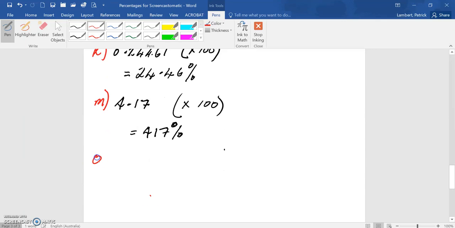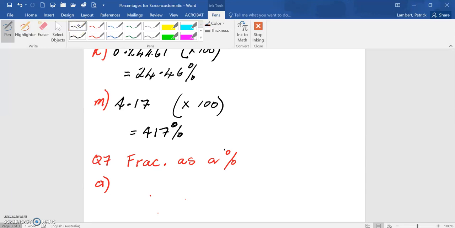Now I want to have a look at question 7. What we're asked to do is to write the fraction as a percentage. This is just taken from the table that we did in the overview, but we'll go through a couple anyway. We'll go to part A. So, change our pen.